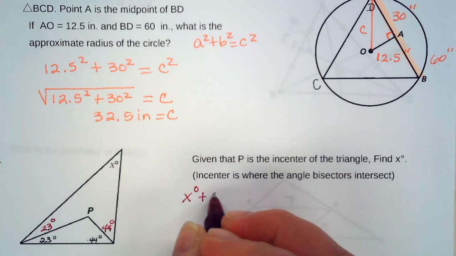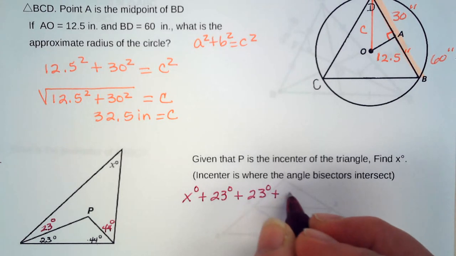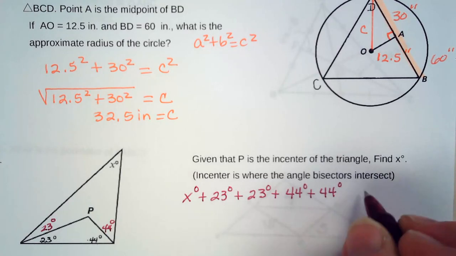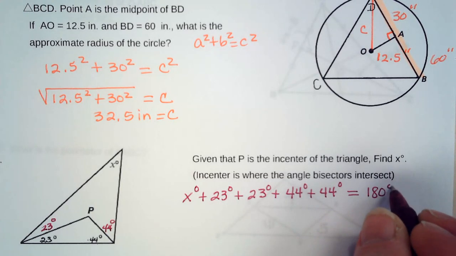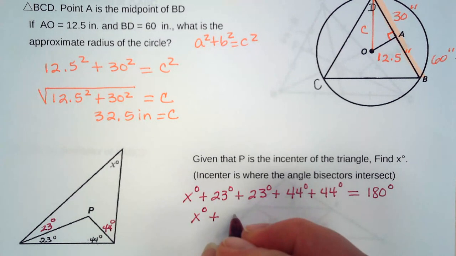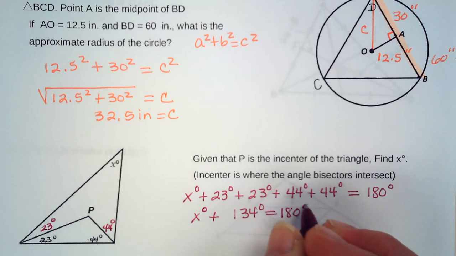X degrees plus 23 degrees plus 23 degrees plus 44 degrees plus 44 degrees is equal to 180 degrees. So X degrees plus, if I do 23 plus 23 plus 44 plus 44, I end up with 134 degrees is equal to 180 degrees.